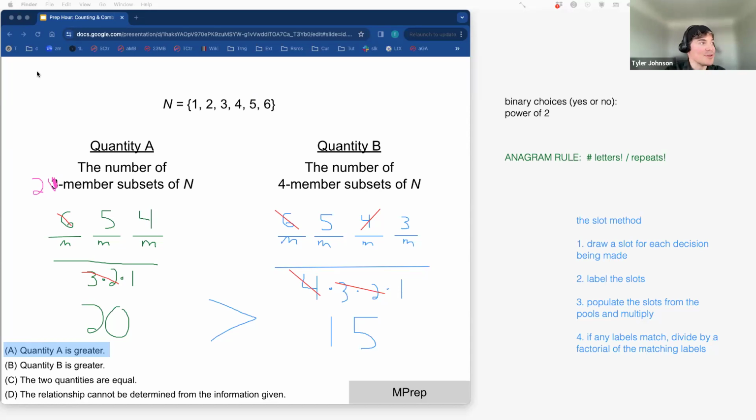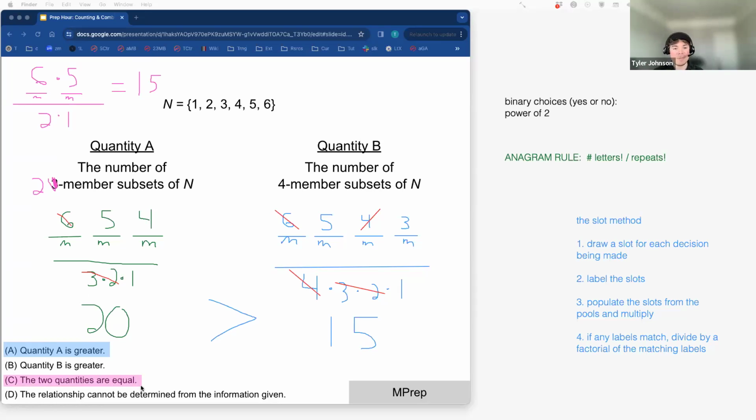If we had a 2-member subset, just filling in 2 slots, and then I divide all that by 2 factorial, because each of those has the same label. They're just going to be members again. So that's 30 divided by 2. We'd get a 15. So quantity A and quantity B would be equal in this case, making the answer C.